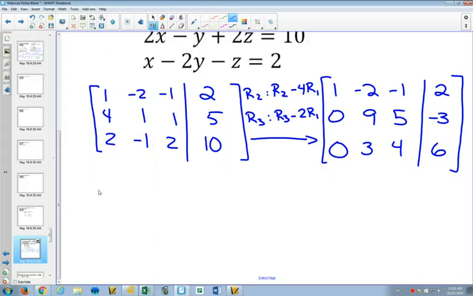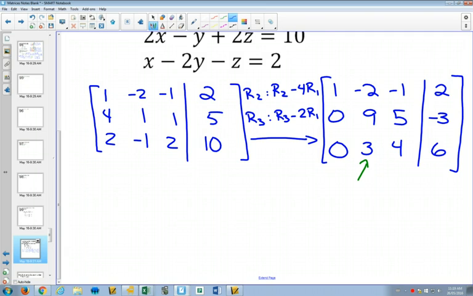So our next goal is to get a 0 right there. Can you see that you could take 1/3 of row 2 and sort of add it to row 1? That would work. However, it might be easier if the smaller number was first.